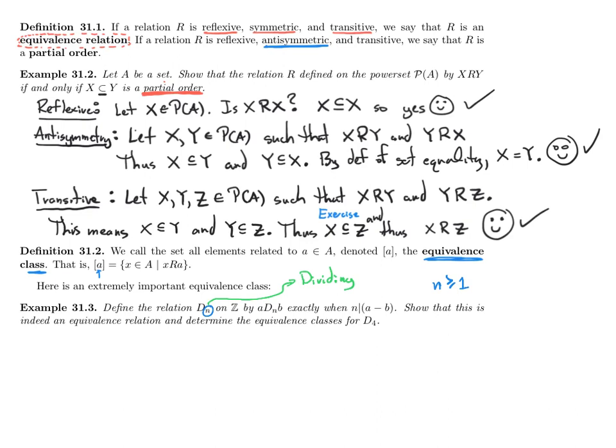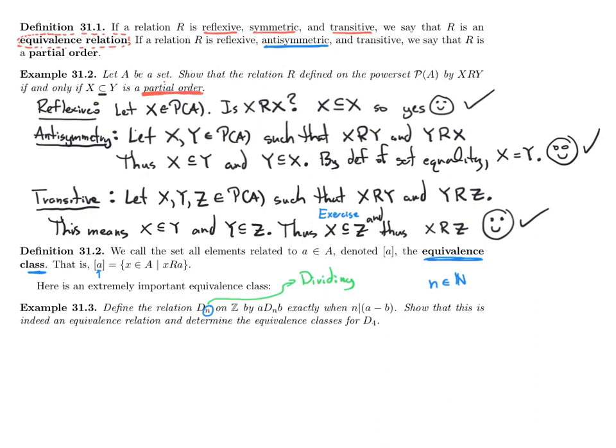That's probably better notation. So let's say that n is indeed a natural number. I don't want to get worried about dividing by negatives or dividing by 0 or anything like that. Just for our purposes, we'll just say we're dividing by natural numbers.